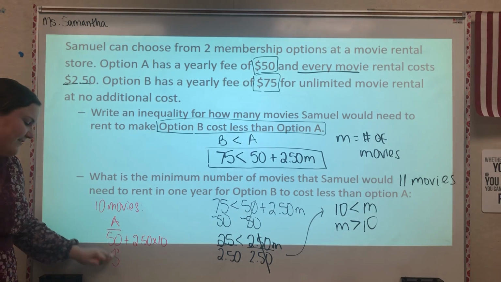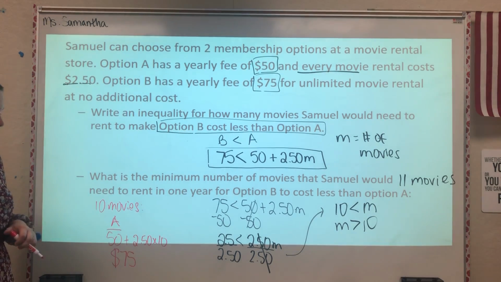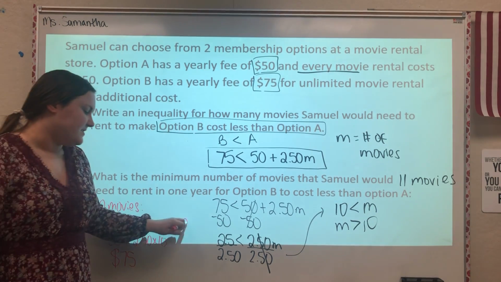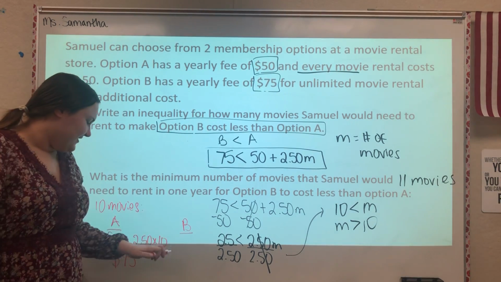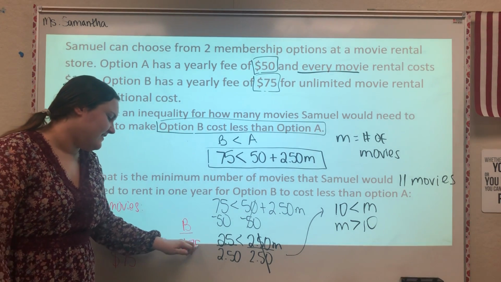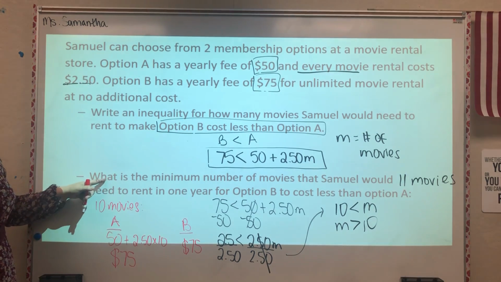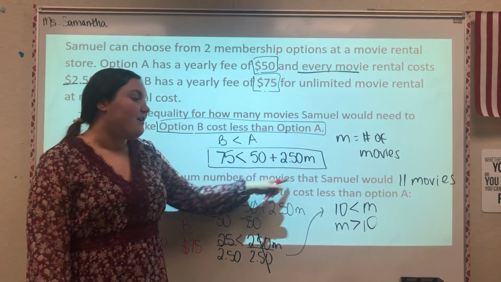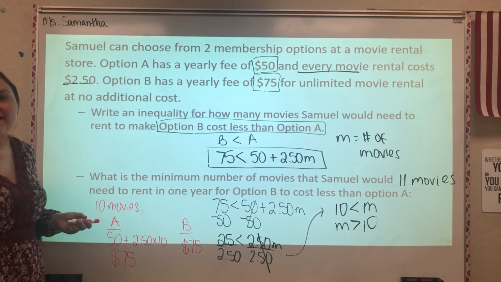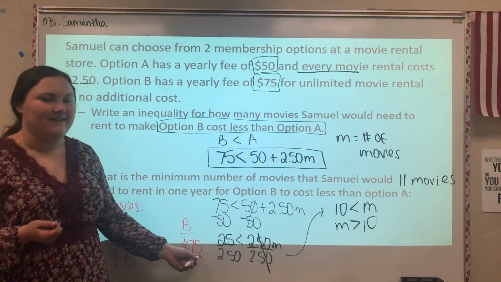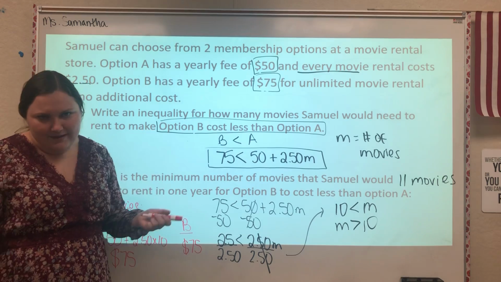Option A is going to work out to be $75. Well, 10 movies for option B is $75. So if you were saying the minimum number of movies he would need to get to make B cost less than A is 10, 10 isn't going to make B cost less than A. 10 is going to make it not matter which option you go with.